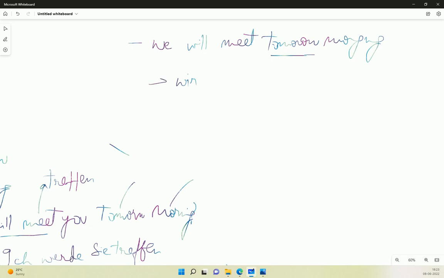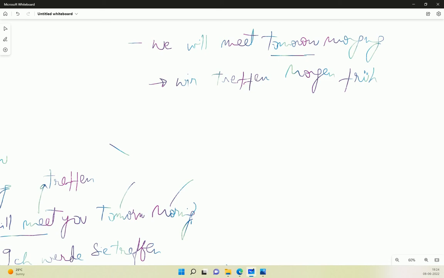Yes, perfect, 100% perfect. Wir treffen morgen früh. What I mean to say here is we should not transliterate each and every word from English to German, right?